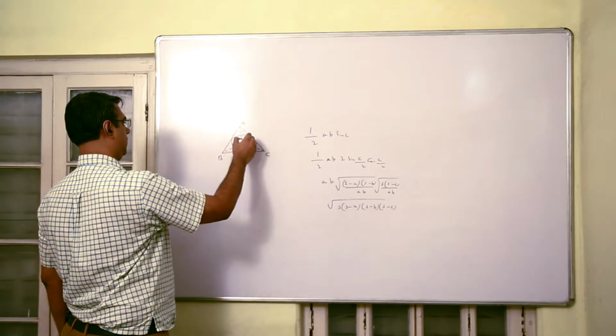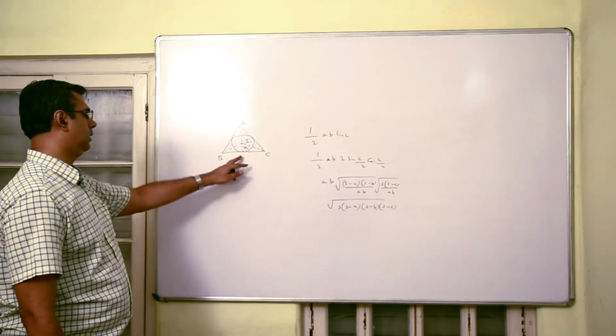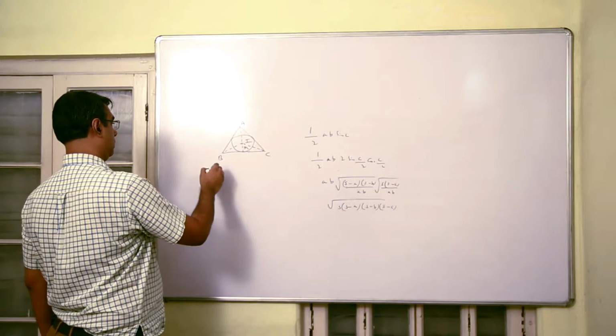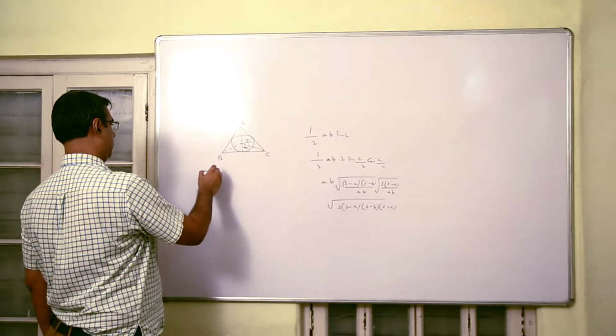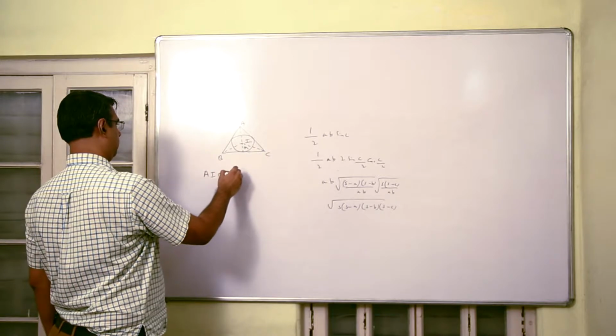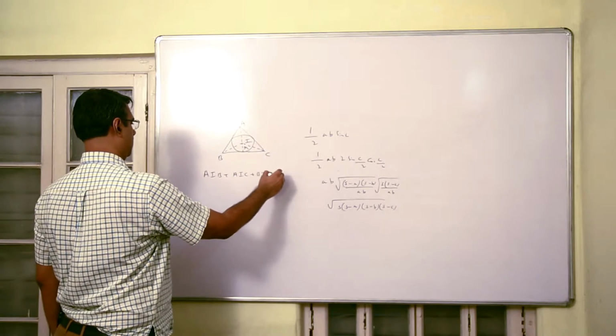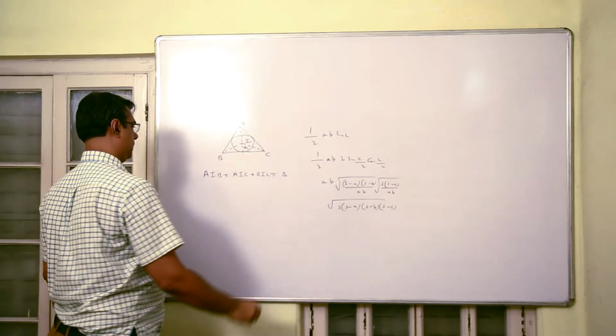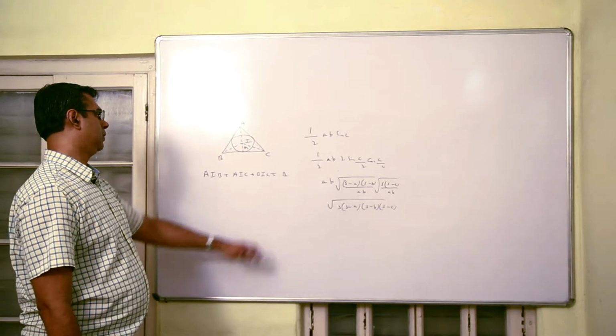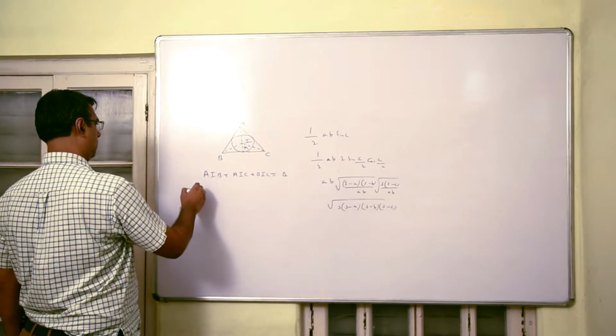So let us say the incenter of the triangle is I. So you can say that area of AIB plus area of AIC plus area of BIC is equal to the total area of the triangle.